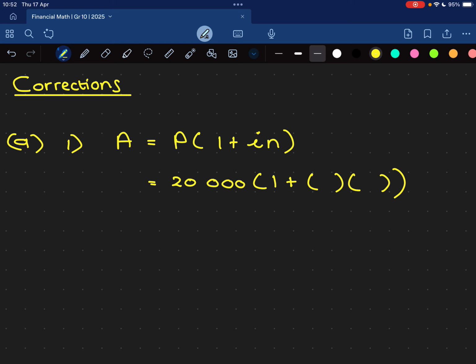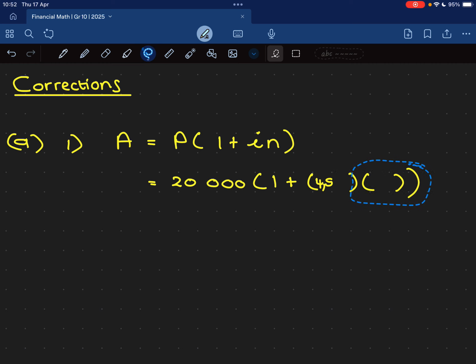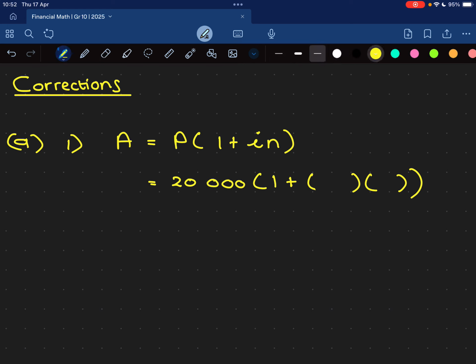Then the interest rate is 4.5%. So you write 4.5 and then the percentage sign on your calculator. Then the n is 6 years.